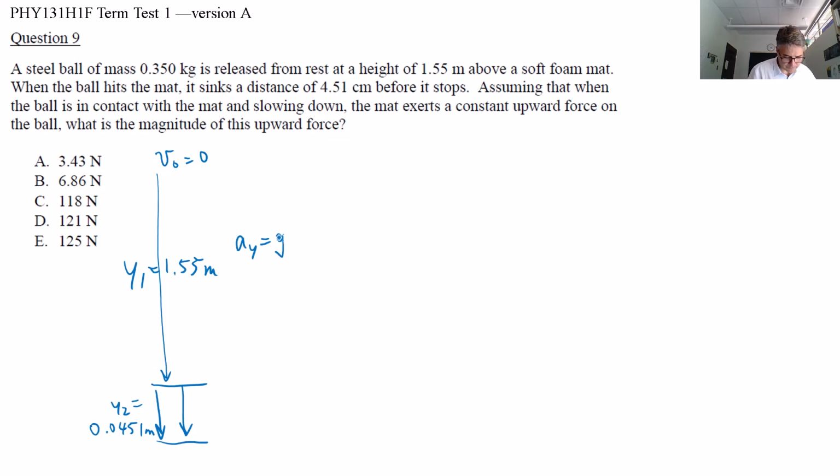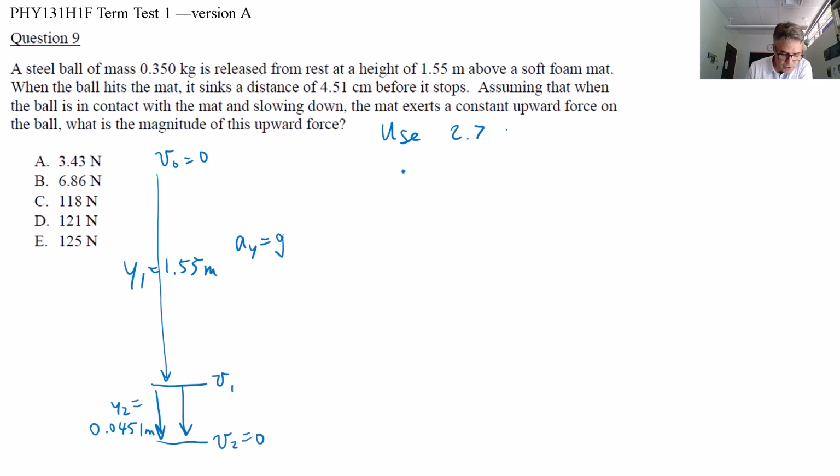But then, for here, it's going to stop. I guess V2 is going to be 0, right? And then there's V1 down here. So V1 will be the initial of this second motion, and the final of the first segment of motion. Again, we don't really care about the times here, so we're going to keep using equation 2.7, which I wrote on my aid sheet.